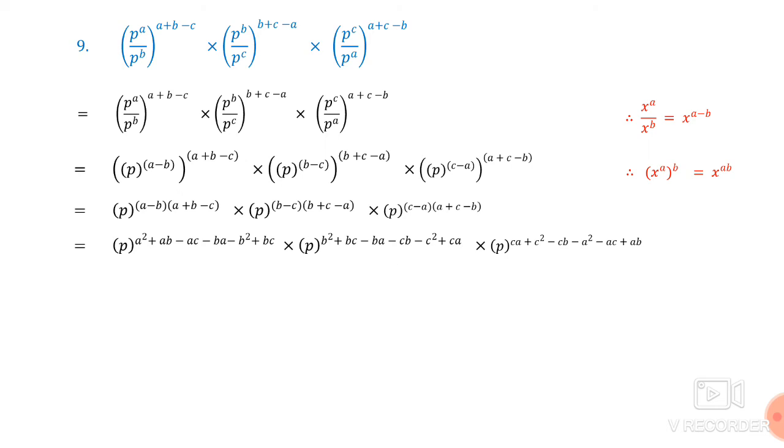Again, we can see that we have same base and the numbers are multiplying with each other. Okay, so we will write the base once and add all the exponents. Like terms will be cancelled out with their like terms.